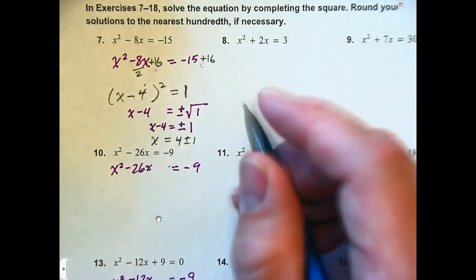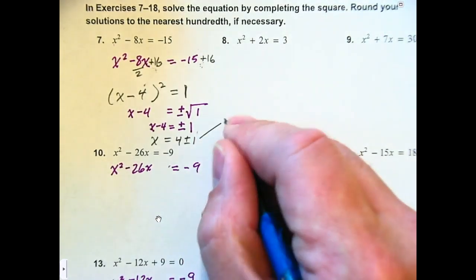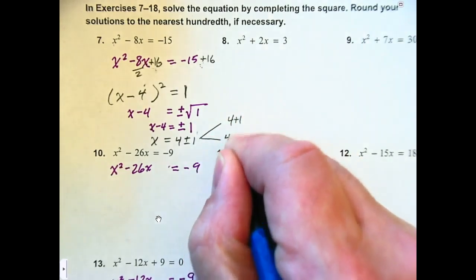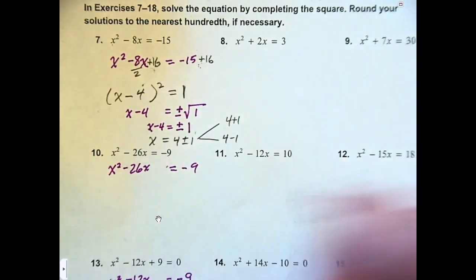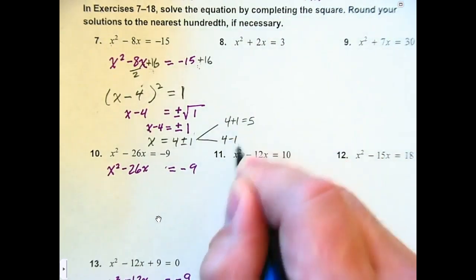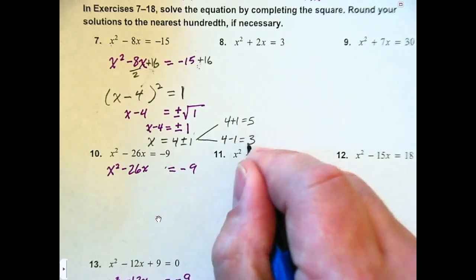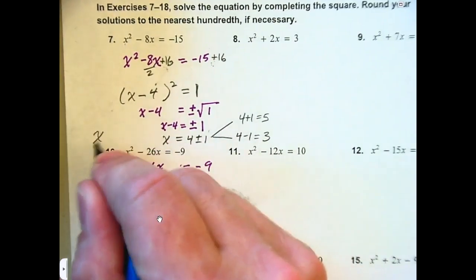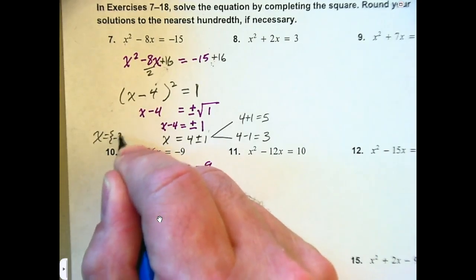Now what does that mean? Well, it means you have two math problems there. You have 4 plus 1, and you have 4 minus 1. 4 plus 1 is 5. 4 minus 1 is 3. My solutions, x equals negative 3 and 5.